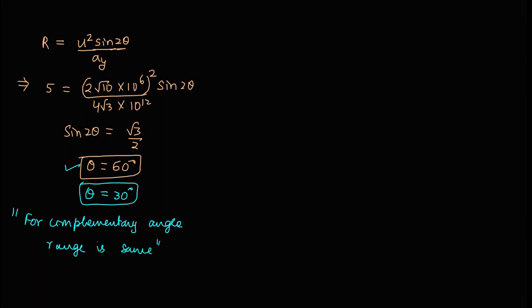Now we will be solving for time of flight using the expression t is equal to 2u sine theta by g, and instead of g we will be putting a_y, and we will be finding two times. 2u can be written as 2 root 10 into 10 to the power 6.